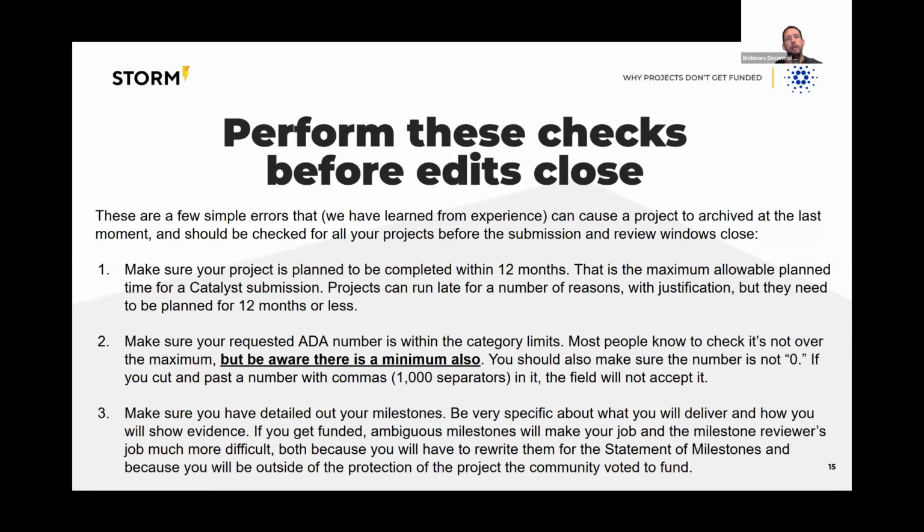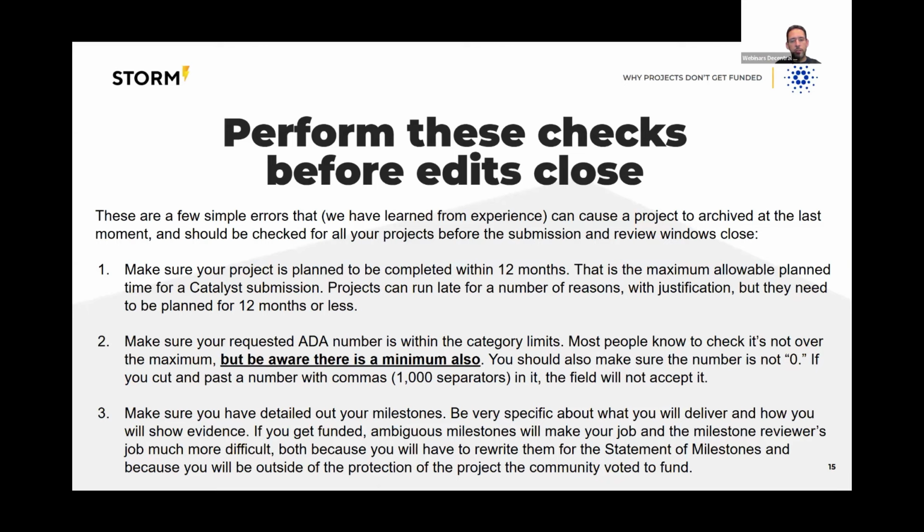We also have found that sometimes when you don't know what you need to build yet, it's fine to structure your milestones in a way where the future execution is dependent on the results of the previous milestone. Just be very clear about that in your milestones and in your project description, so that the milestone reviewers can easily adapt to that.